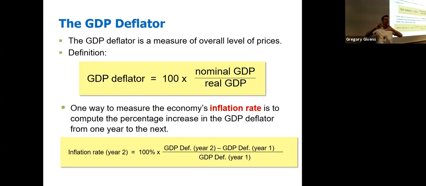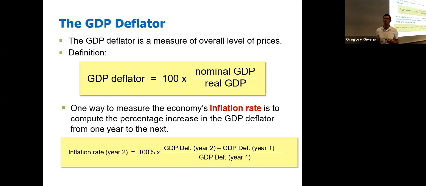It's the percentage change in the overall price level, where the GDP deflator is our notion of the overall price level. The inflation rate is the rate of growth in the GDP deflator. So we multiply this ratio by 100% to express it as a growth rate.